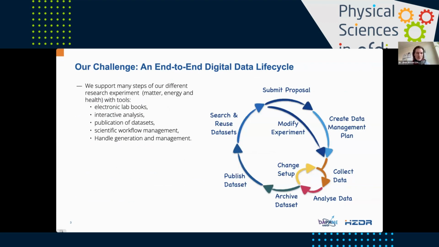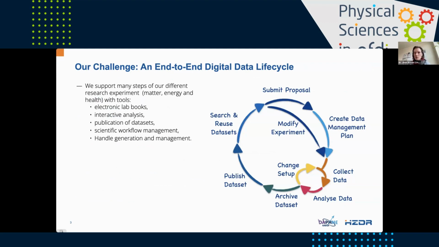So we support many steps of our different research experiments with specific tools: electronic lab books, interactive analysis, publication of data sets, publication systems, repositories. We have also scientific workflow management systems and tools, also an HPC cluster, but often our visiting scientists don't know that.